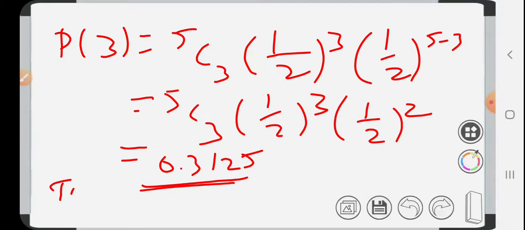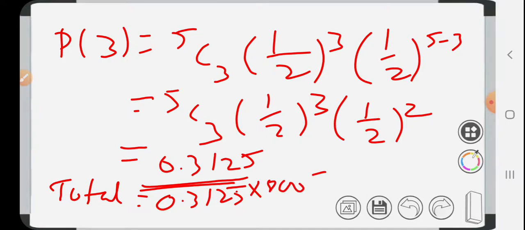Therefore, total families is equal to 0.3125 into 800. Just multiply it by 800. What will you get? You will get 250 as the answer. So there are 250 families having 3 boys.